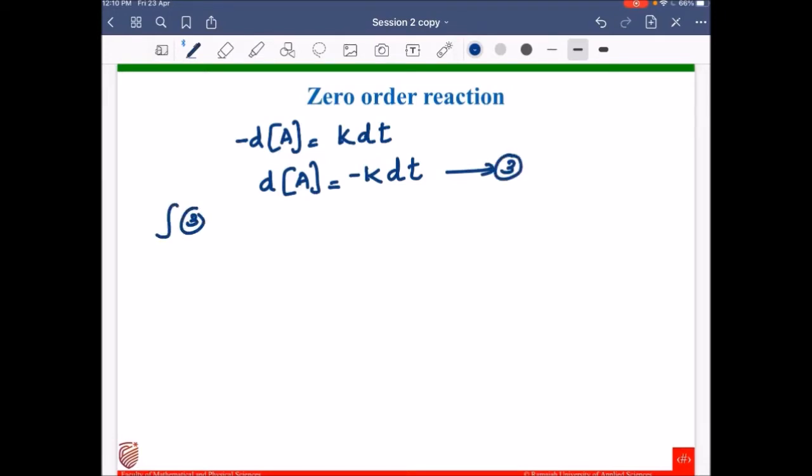So, integrating equation number 3, what will we get? Integrating A from initial concentration, that is A0, to the final concentration, At, equal to minus rate constant, which is a constant, times the integral of time from the start of the experiment at t equal to 0 to the experiment at time t.